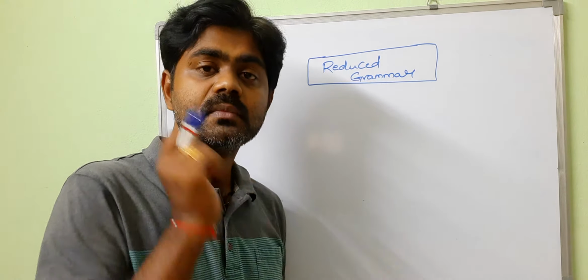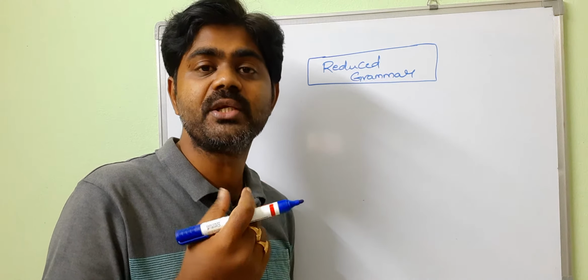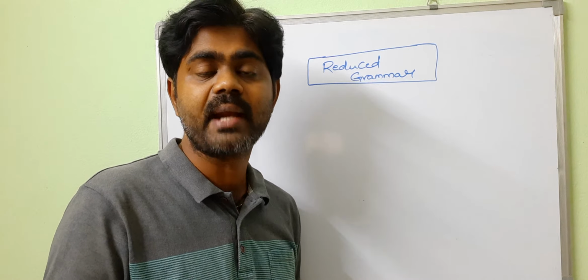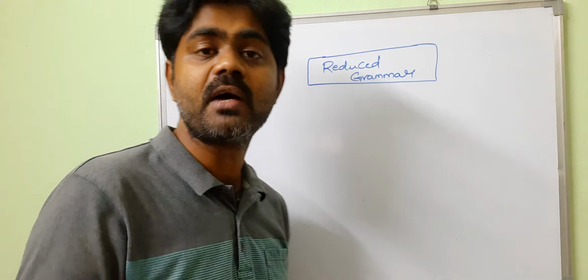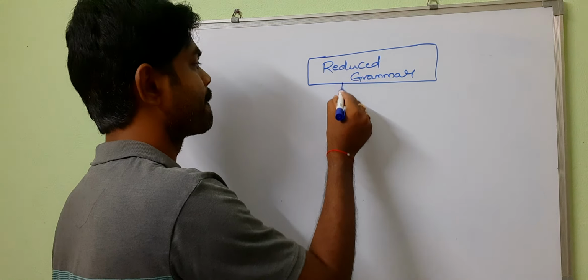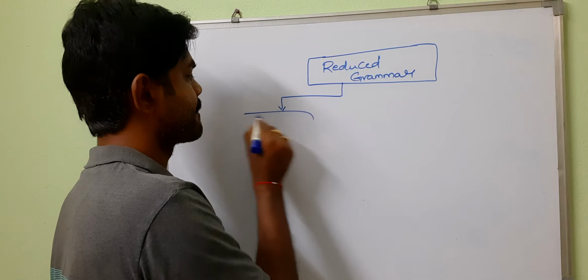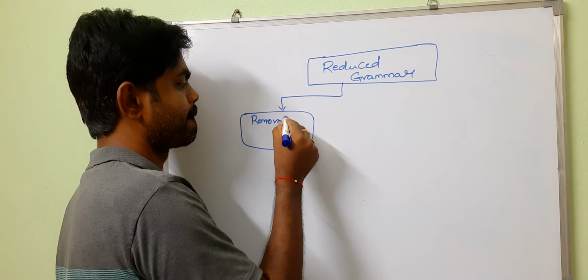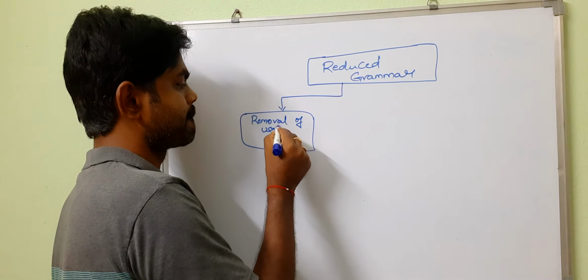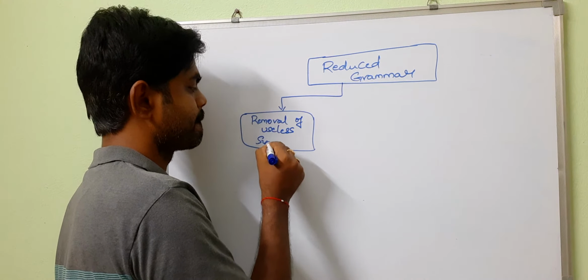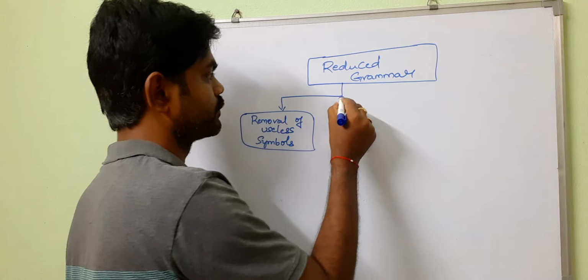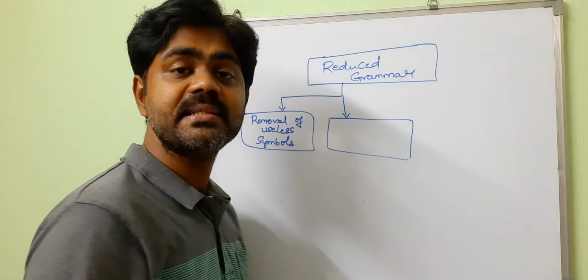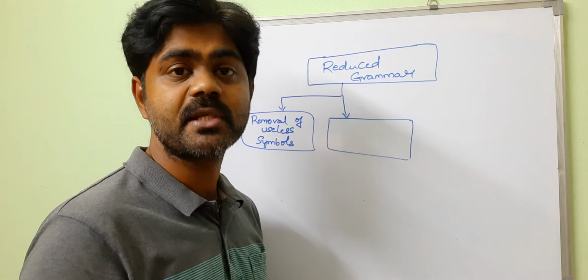So what are the three ways to reduce our grammar? There are three methods to be followed to reduce our grammar. The first one is removal of useless symbols. The second one is removal of epsilon productions.